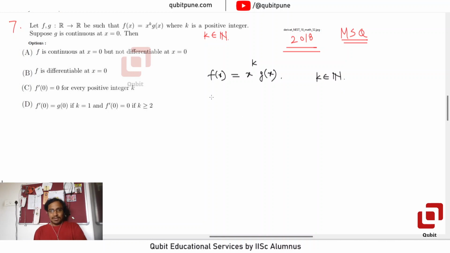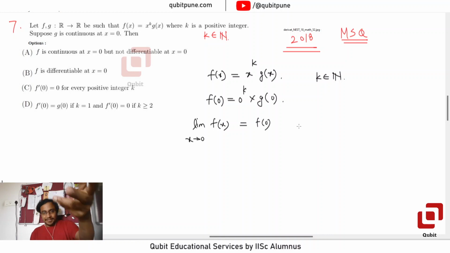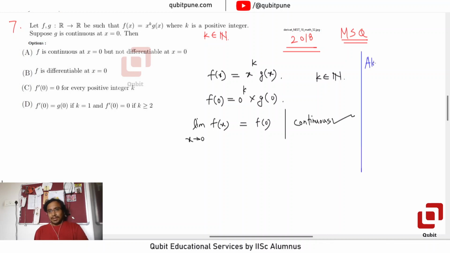Yes, it is, because f of 0 is 0 raised to k into g of 0, and the limit of f as x tends to 0 is f of 0, right? And x raised to k and g of x are both continuous, and if two functions are continuous, then the product must be continuous. So continuity is resolved. It can also be proved using algebra of continuous functions.